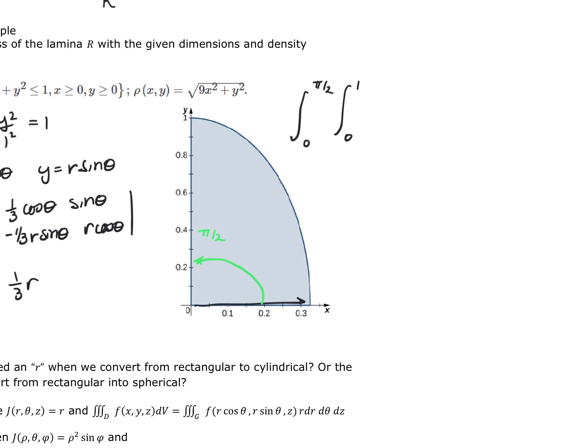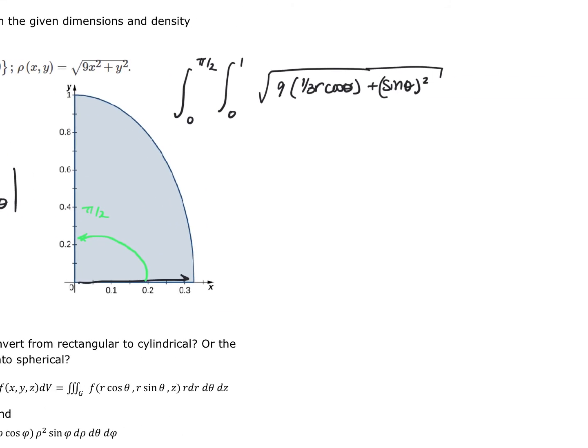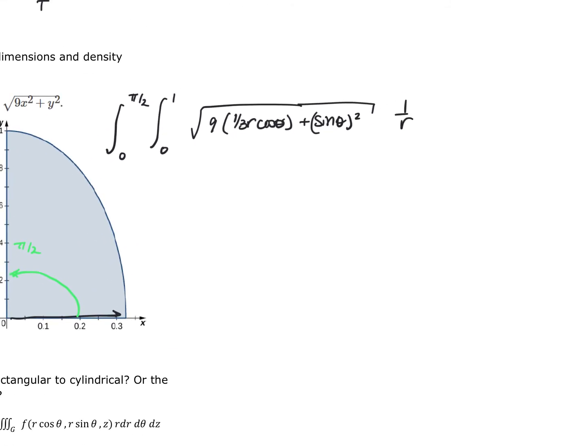It is going to be equal to the square root of 9 multiplied by my x replacement, which is 1/3 r cosine theta, plus sine theta squared, times my 1/3 r dr d theta. Well, this cleans up quite nicely.